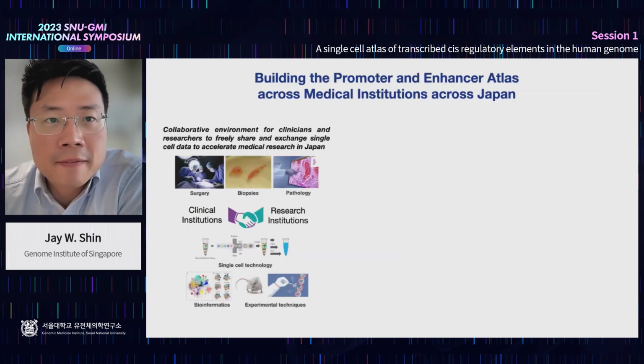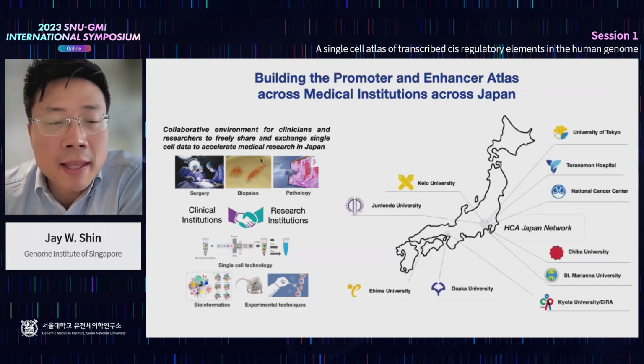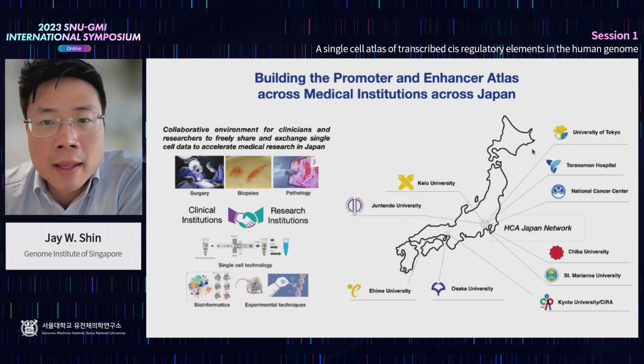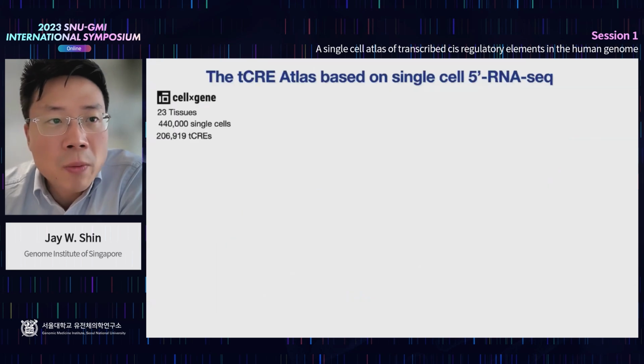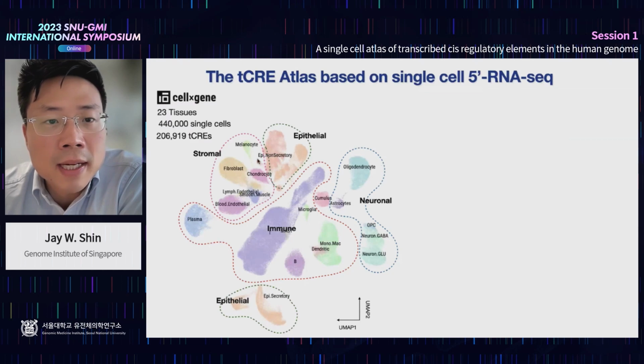So using this 5' single-cell RNA-seq technology, we went out and collaborated with various medical institutions in Japan, because RIKEN is not a medical institute. We are a research center, so we needed to collect clinical samples. We were very fortunate to work with various clinicians who provided us with very valuable patient samples, where we collected about 23 tissues, profiled over 400,000 single cells, and mapped these transcribed CREs.